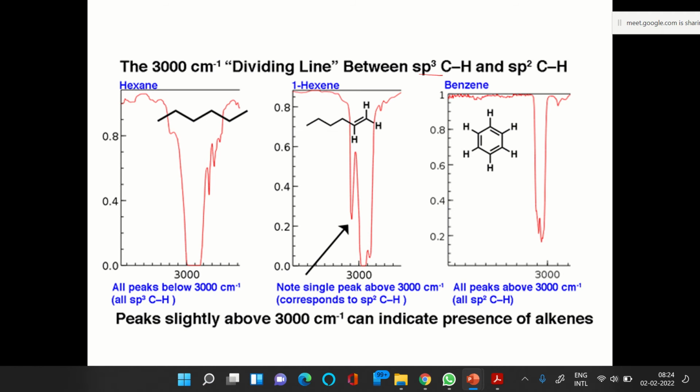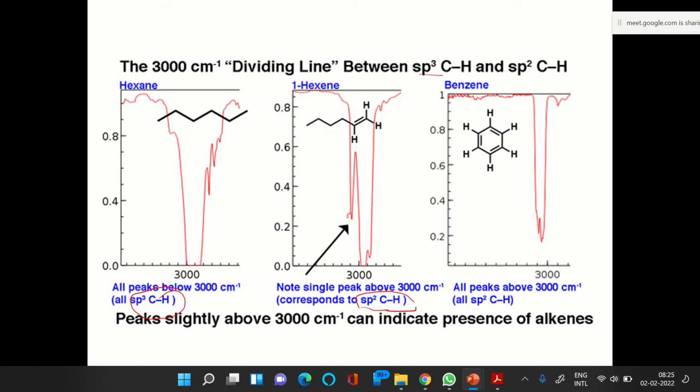So you have sp2, pure sp, sp3 carbon, and in addition to that, if you have CH due to sp2, that appears over here. So just below 3000 and slightly above 3000 is the defining feature of sp3 carbon and sp2 carbon that we see here, present in different ways.